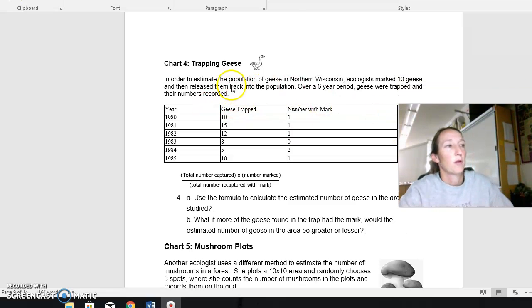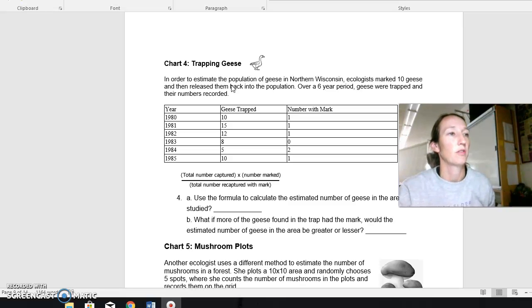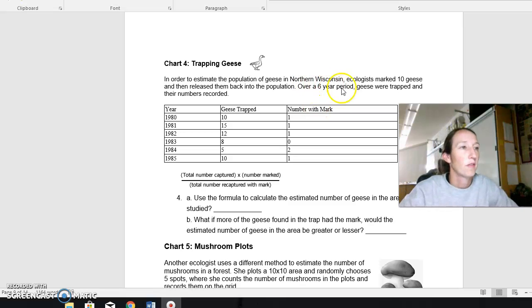And so when it comes to, in order to estimate the population of geese in northern Wisconsin, ecologists marked 10 geese and then released them back into the population. Over a 6-year period, geese were trapped and their numbers recorded. So total number captured, that'd be these. Total number marked, that'd be this. Total number recaptured with marked. Oh, I'm sorry, the total number marked is the 10 geese.